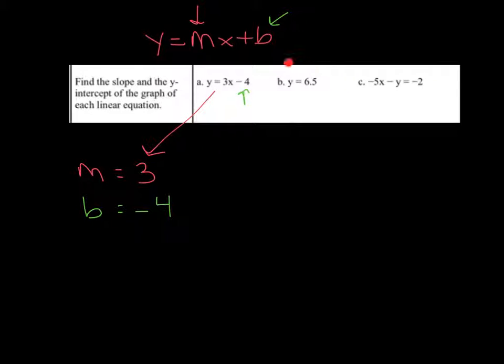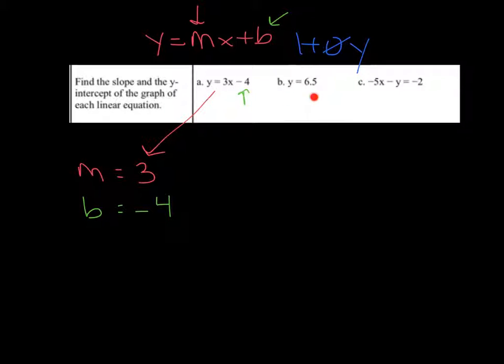Now notice on the second example, b, we just have y equals 6.5. We've been talking about vertical and horizontal lines for almost 3 weeks now, and I've given you several ways to remember. So when you have y equals a number, hopefully your first inclination is, oh, that's that acronym HOY. Remember, HOY stands for horizontal lines have 0 slope, and they are y equals a number.